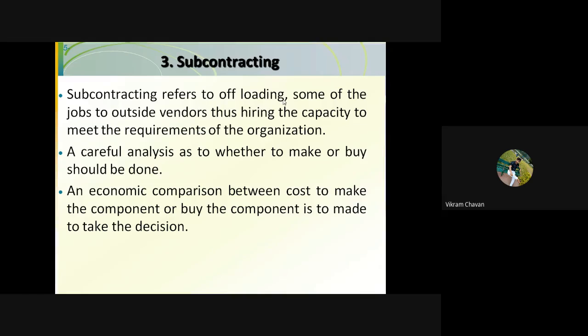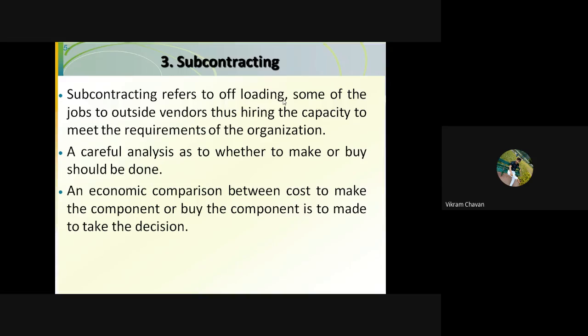In this manner, you can reduce the process time for a particular job in your company, and you can increase your capacity or production rate. So subcontracting is essential, and it will influence the effective capacity.